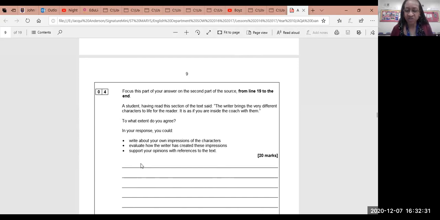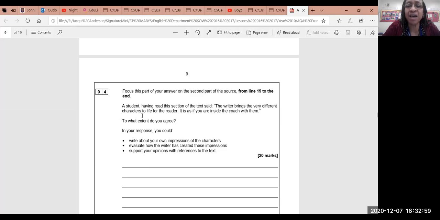So all you need to do now is to write up your 3 or 4 of those PEAL paragraphs, remembering to identify that single word that you have underlined and explain the impressions that the characters are giving to you. And then in those paragraphs, what you're also going to do is evaluate.